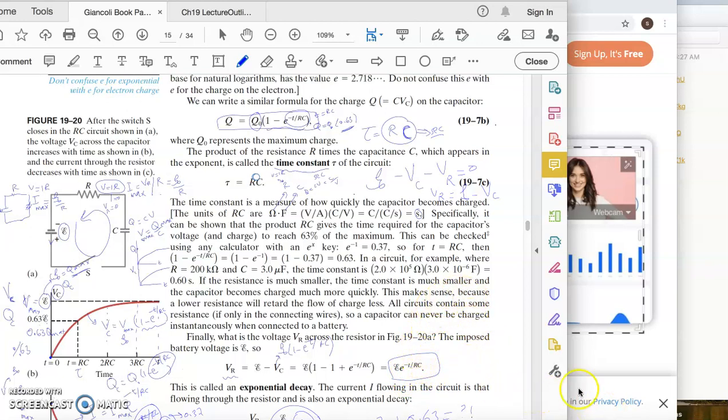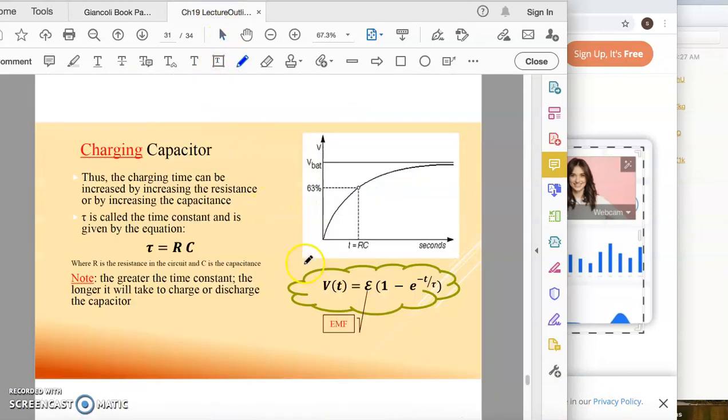Now, let me go through these notes. This is the PowerPoint that is in your Blackboard. Again, this is the charging process. We started from 0, and this is the voltage across the capacitor. We increase all the way because it's charging.